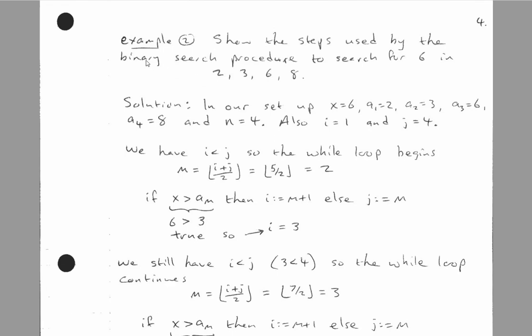And quickly, just to see it in action. Take this list, n equals 4 elements in the list. Let's say we're searching for the number 6. So x equals 6, that's what we're looking for. We have a1, a2, a3, a4.